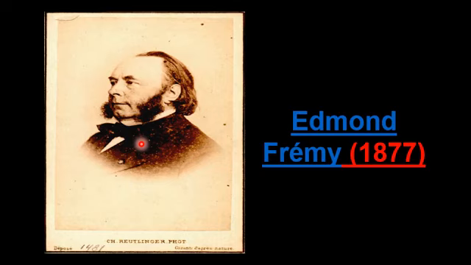Edmond Frémy used molten alumina, and by using a melting setup, the melted alumina was converted into a gemstone. So this was a first footstep toward the synthesis or fabrication of single crystalline gemstones.